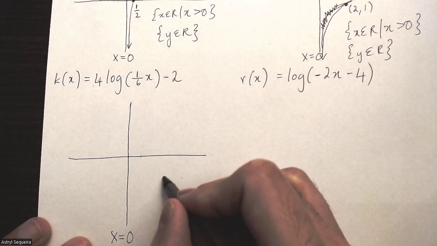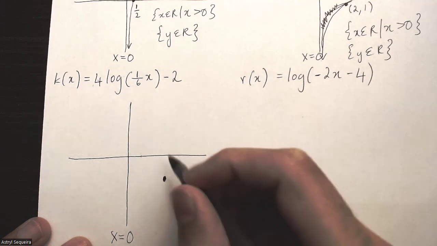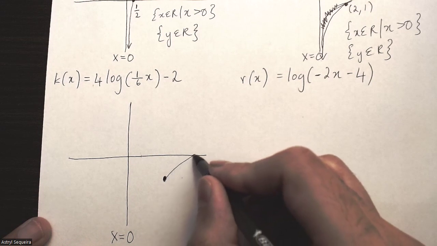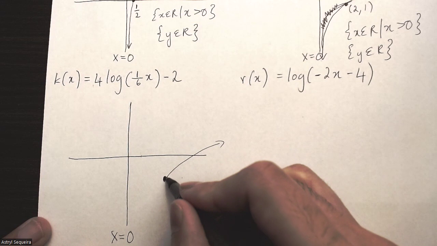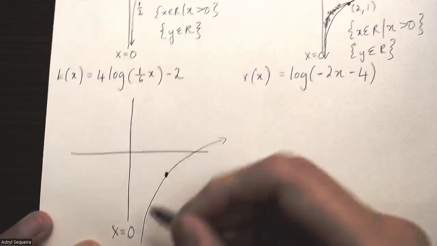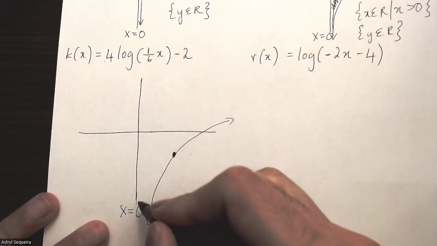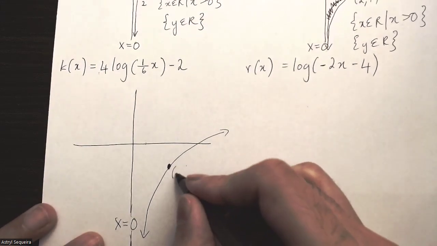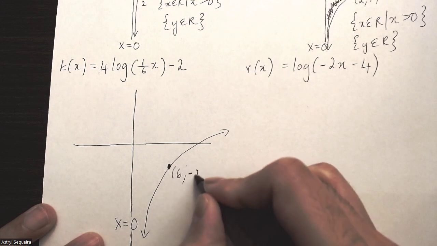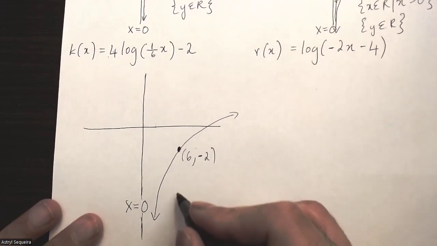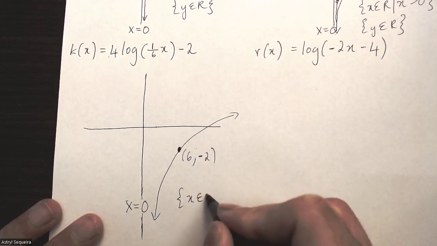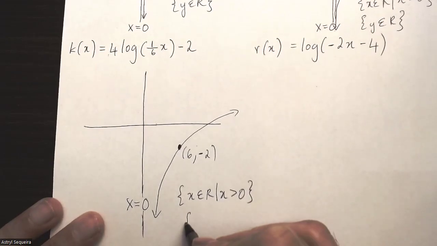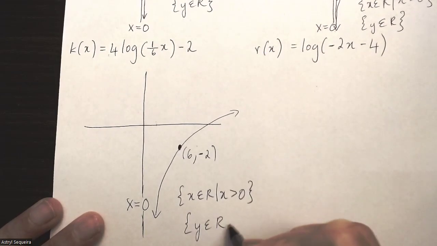Actually, I'm going to make it a bit closer here, just so that I can fit it. The graph looks like that. Basically, it's going to hug the vertical asymptote there. This is (6, -2). And again, same domain and range as the original because the asymptote is in the same place and there are no reflections.